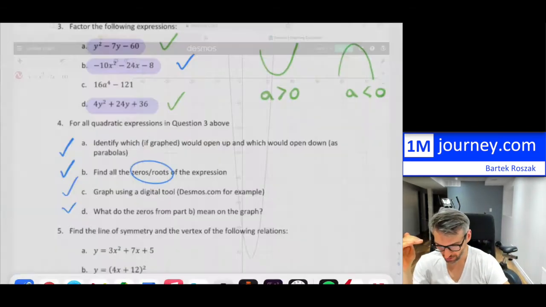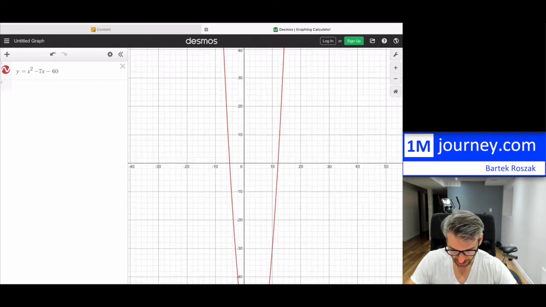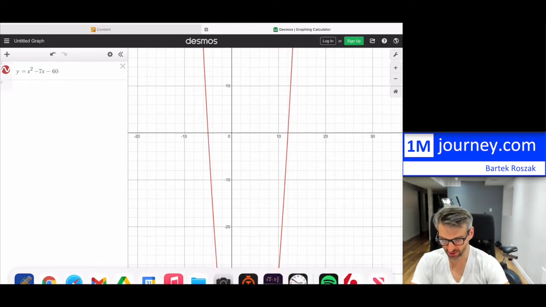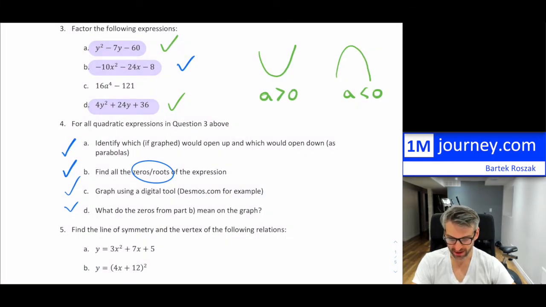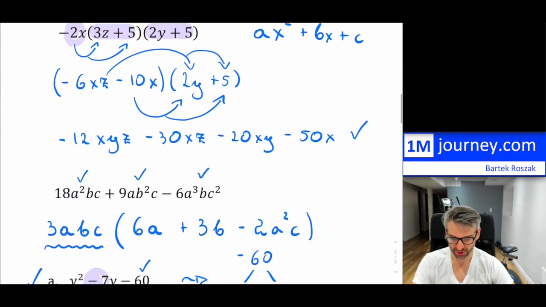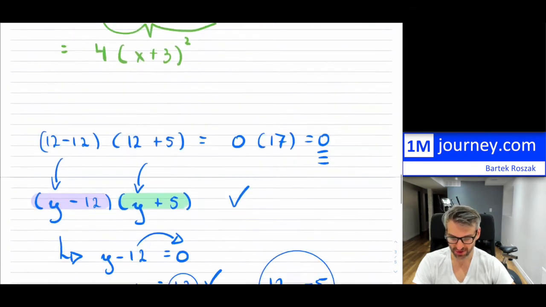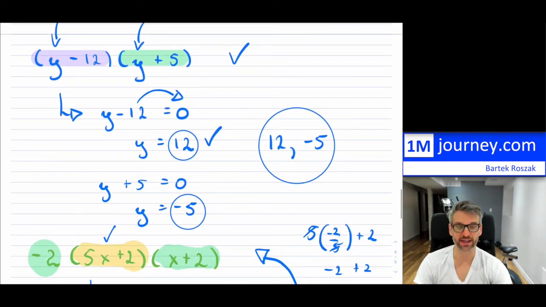If we plot it, notice (-5, 0) and (12, 0). Those are exactly your zeros. So the zeros on the actual graph represent the x-intercepts. So here it is, 12 and -5. Notice that was for the first one.